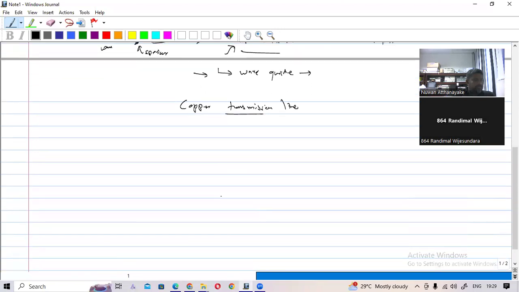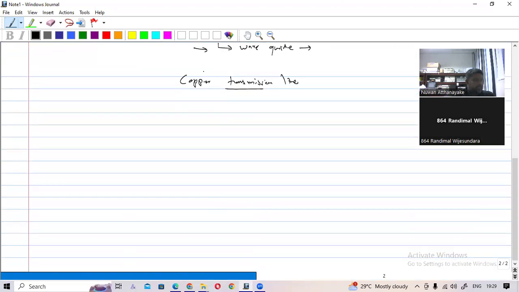If you consider any transmission line like this, it can be a coaxial, it can be a microstrip, anything. Let's say that the Z axis is like this, and this point is Z equal to 0, and this transmission line is there.